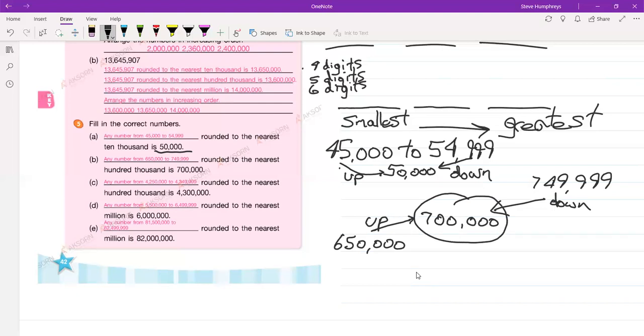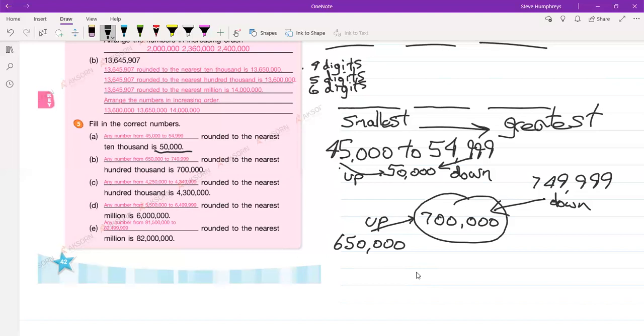That's what we're rounding to. In your answer you write any number from 650,000 to 749,999. It's a little bit tricky, but this side is rounding up, this side is rounding down.